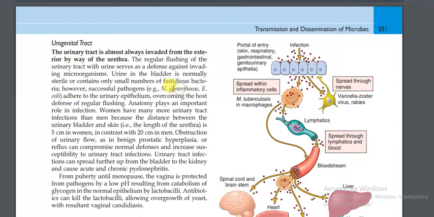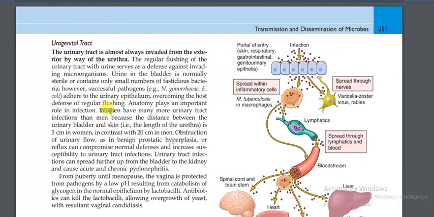Neisseria gonorrhea very specifically damages the genital and the urinary tract. But we also have Escherichia coli. Escherichia coli is a normal flora of the digestive tract, and in the urogenital tract it can cause very severe complications. So let's talk about women.